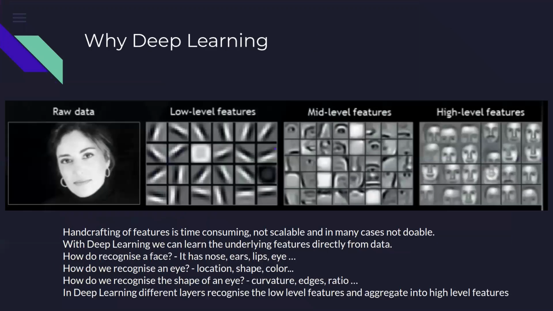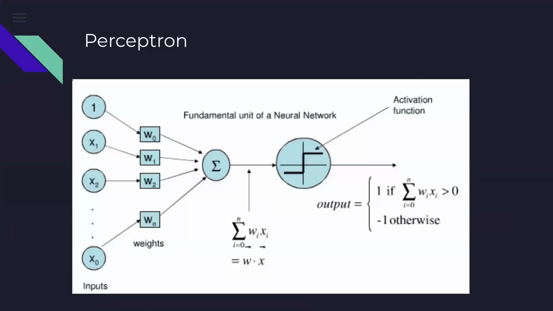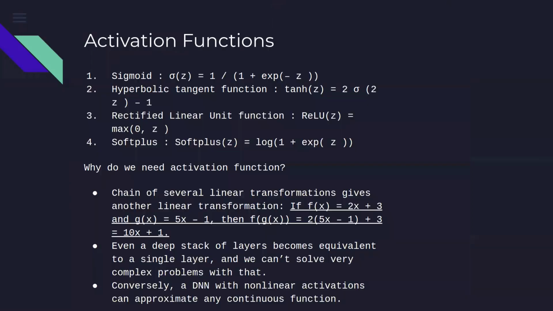Just to revisit a few key concepts. The simplest version of the deep learning model or network is what is called a perceptron. Now, as we have seen, deep learning is based on neural networks.